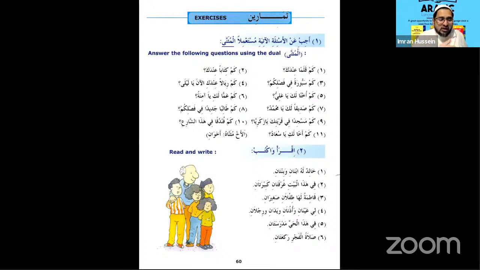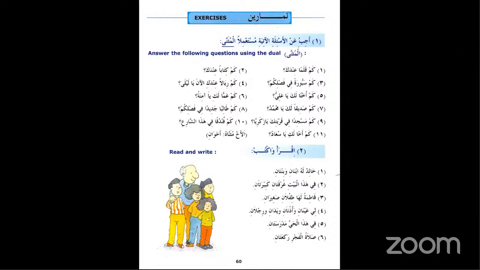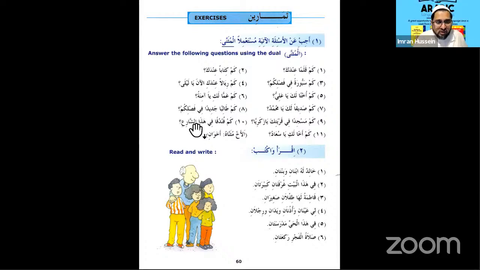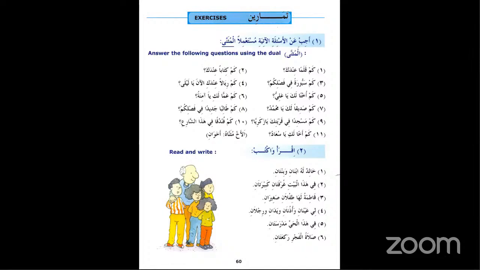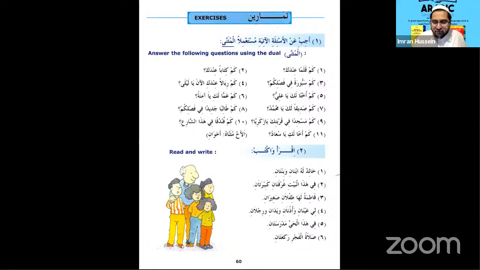So fi hadha shari', in this street are what? Fundukani. Or you can say fihi, referring back to the street: in it are 2 hotels. And if you want to be precise and short, you could say just fundukani. These are different ways of saying it.